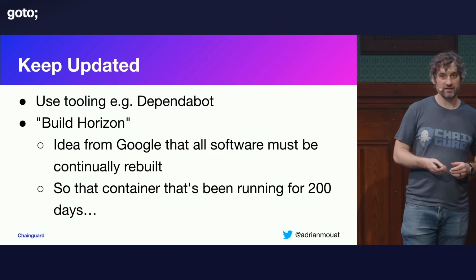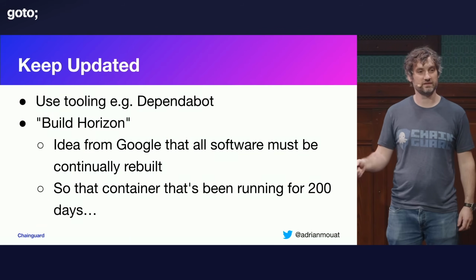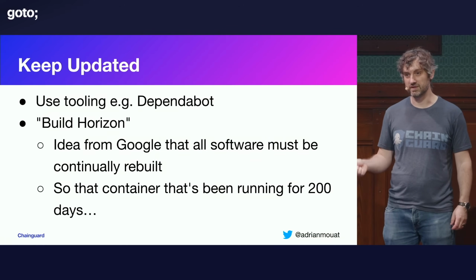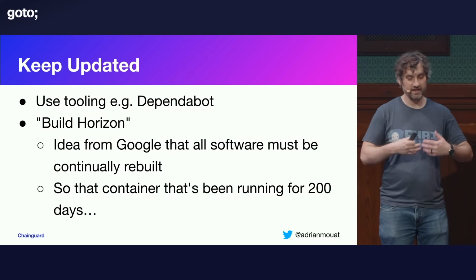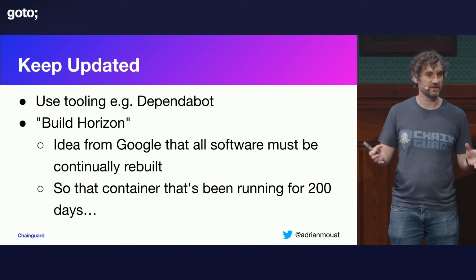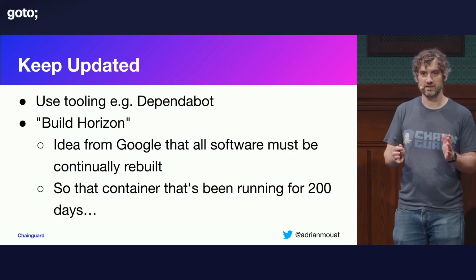I mentioned earlier, I work with a bunch of people from Google, and they introduced this concept of build horizon to me, which I hadn't heard before and I thought was quite interesting. Basically, apparently at Google, say a container or a VM or some service has been running continuously for a period of time. I think it's even as short as a week.